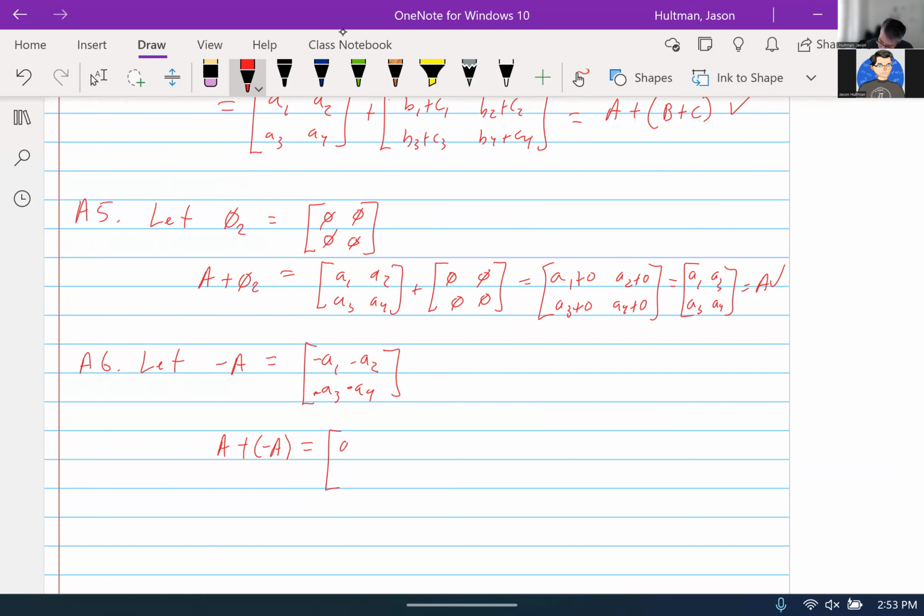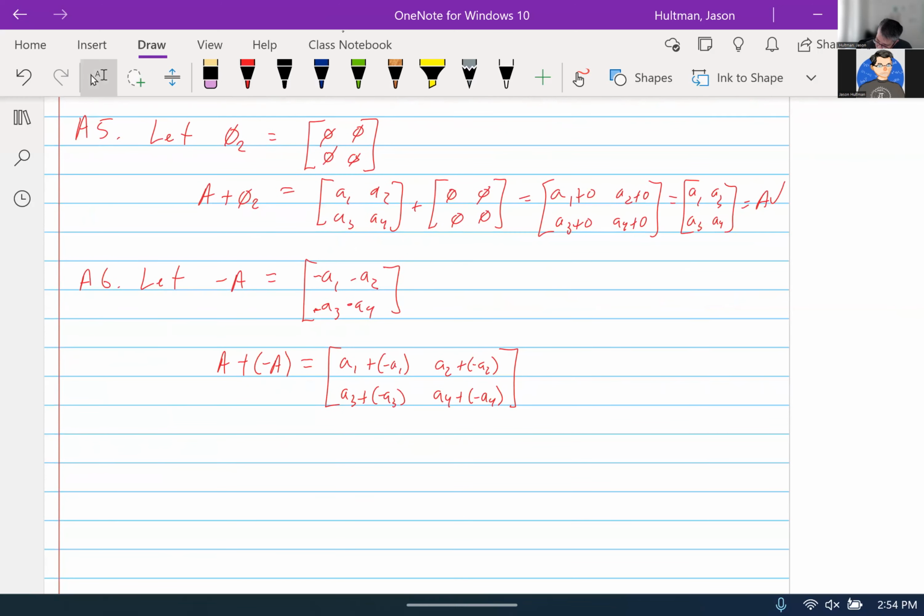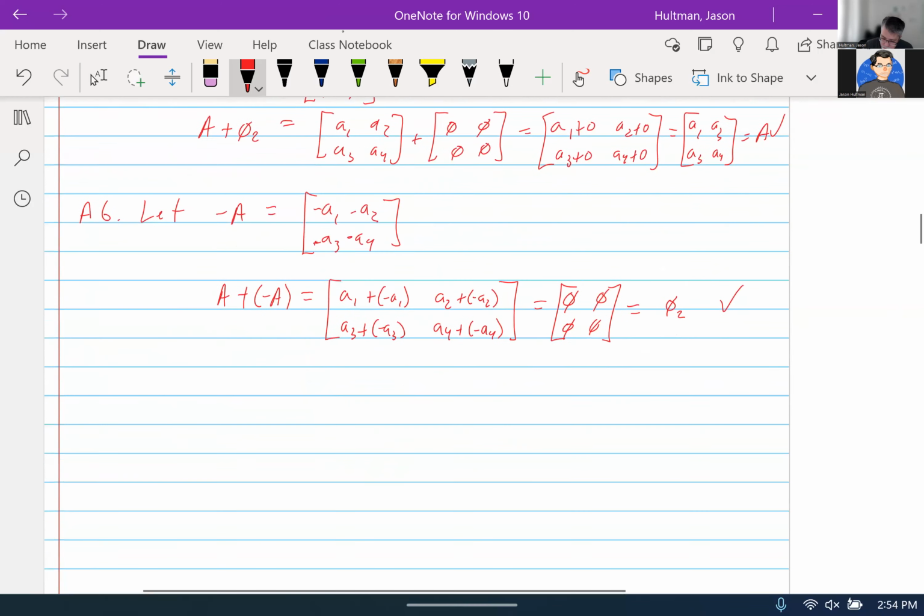So this would be A1 plus negative A1, A2 plus negative A2, A3 plus negative A3, and A4 plus negative A4. And adding the opposite does give me zeros, which was my zero matrix.